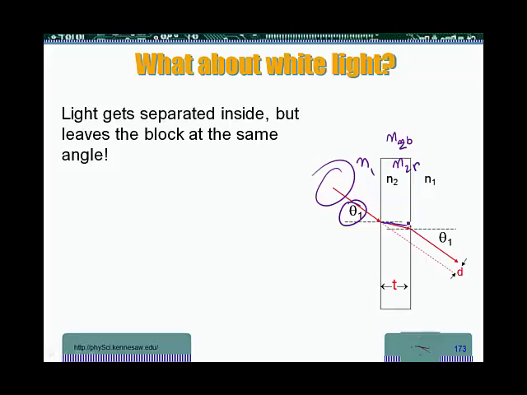Okay, now the fact that it bends differently than red means that the beam inside is going to travel a different path.